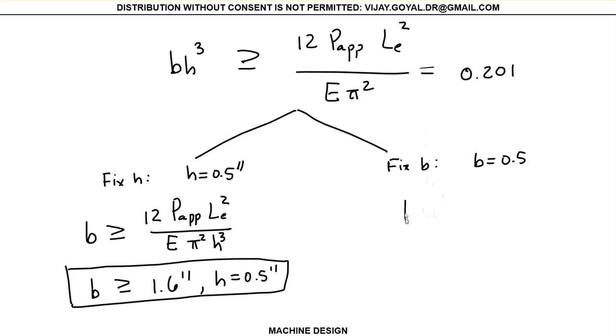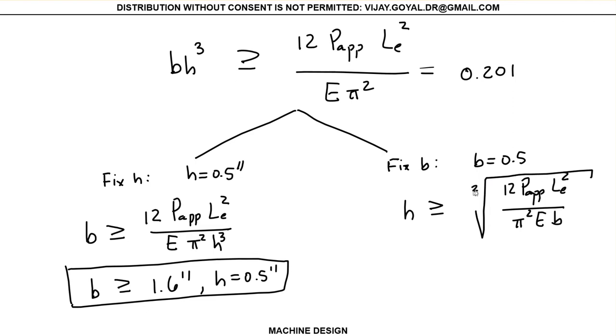Okay, so we did that. h is then going to equal 12 P applied LE squared over pi cubed E times b, and take the cubic root of all this, and then you can show that h has to be bigger or equal than, I'm sorry, this was 1.5.